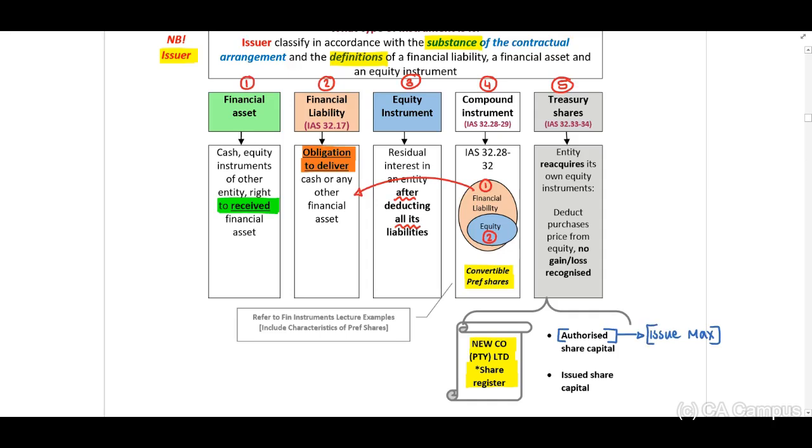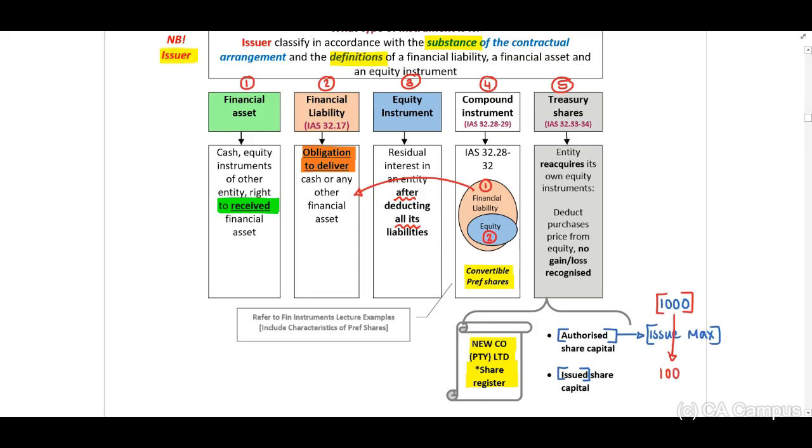Therefore, you will identify in a set of financial statements that the authorized shares will normally be something such as 100 or 1,000 or 10,000. And then our issued share capital will be the number of shares issued from the authorized share capital. And this will be, for example, 100.